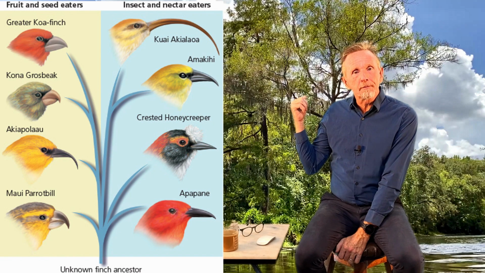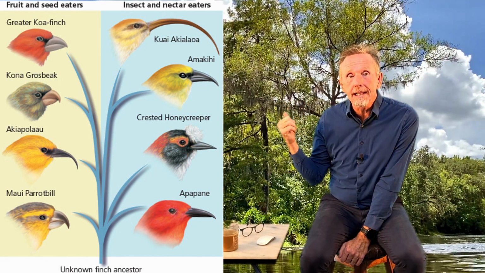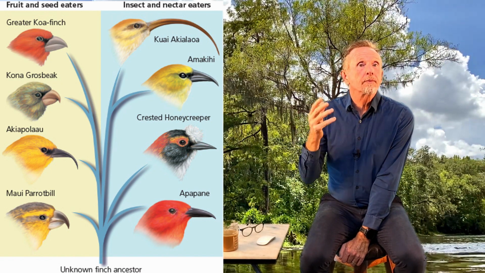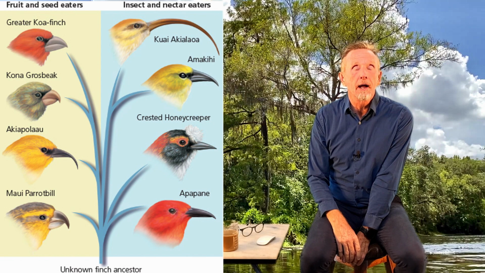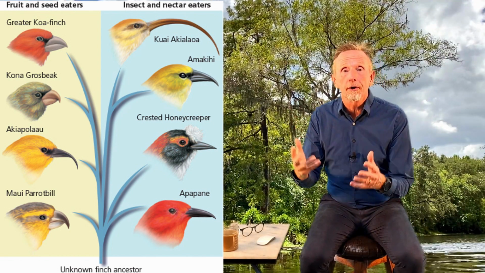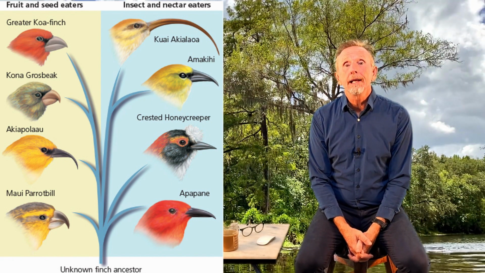Now look at the different types of birds and see if you can figure out what they would probably eat. Their beaks have specialized in evolution over time to allow them to eat either insects, seeds, fruits, or nectar from different flowers. And we see a wide variety of beaks.